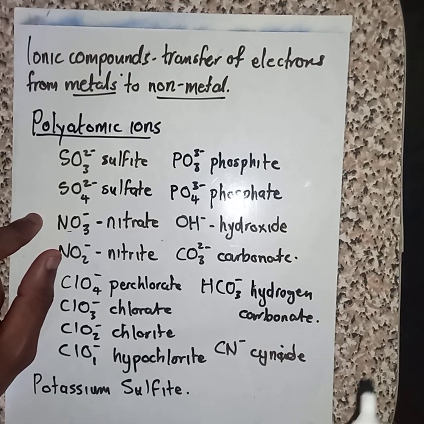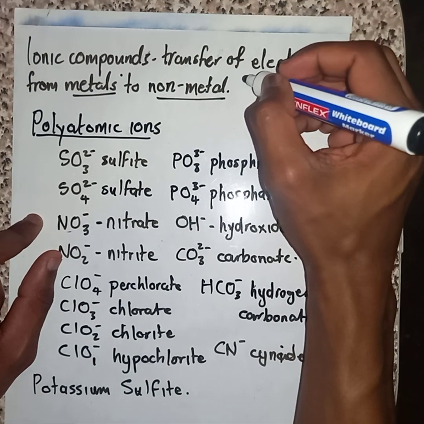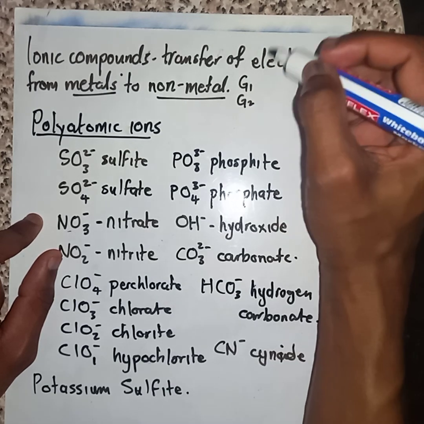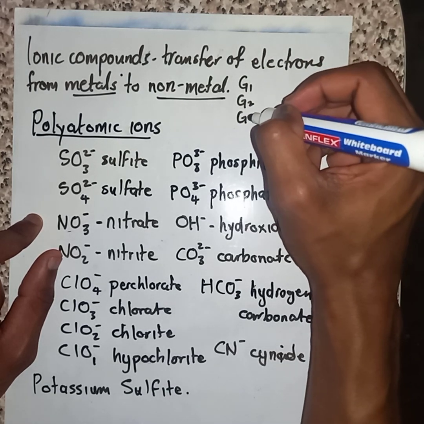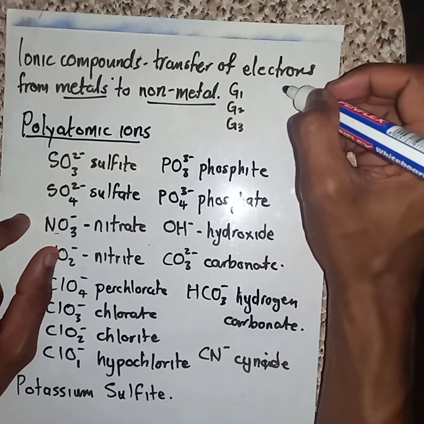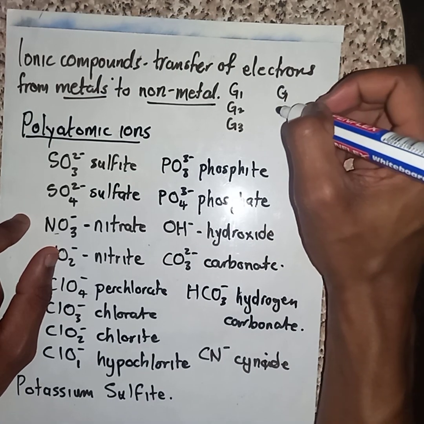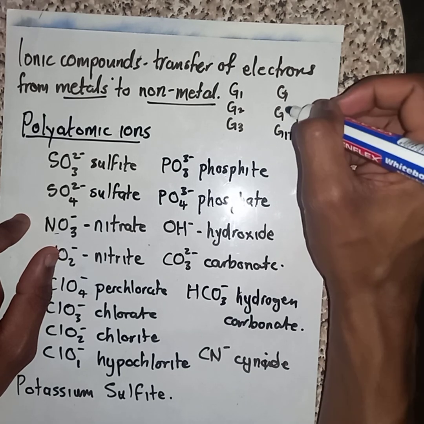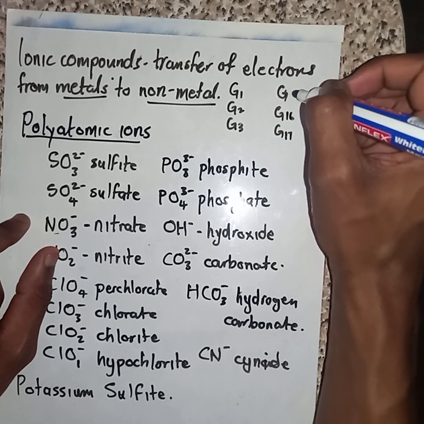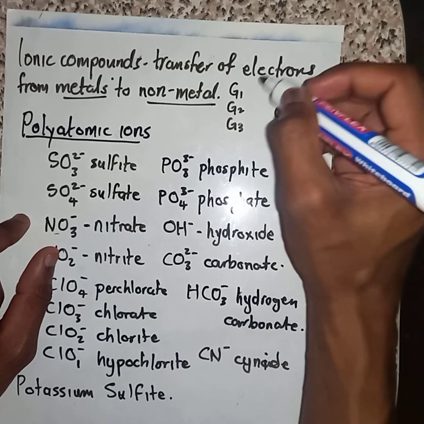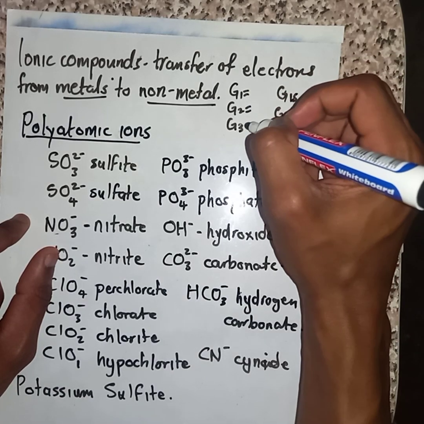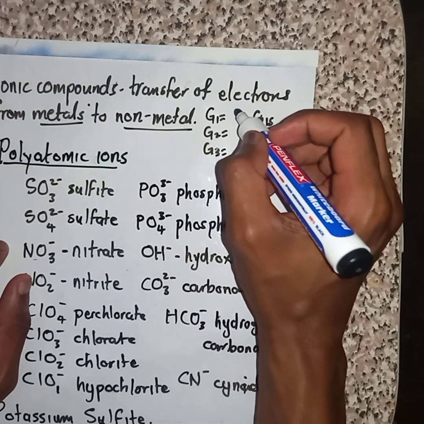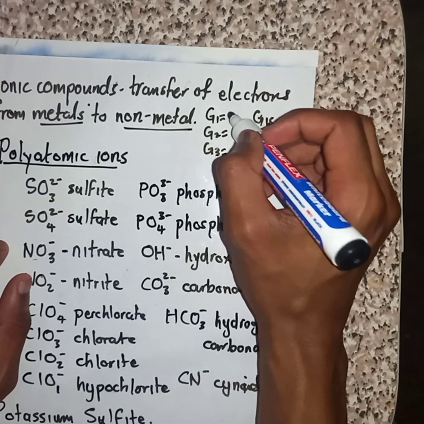Do you still remember last time I said to you, if I go to my periodic table, you'll see the group 1 elements, group 2, group 13 as well. We also have group 17, group 16, group 15. All elements situated in group 1, you write +1.